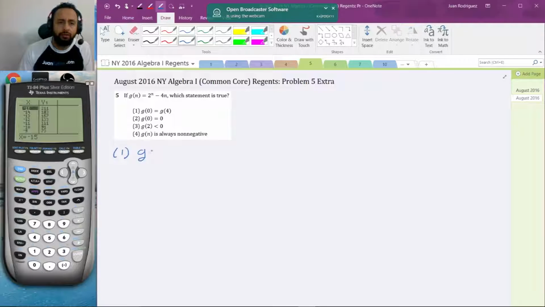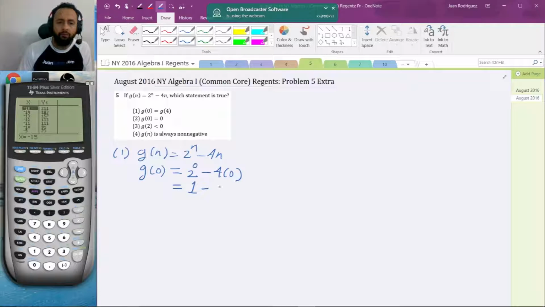So g of n is equal to 2 to the n minus 4n. So g of 0 is equal to 2 to the 0th power minus 4 times 0. And every number to the 0th power is 1.